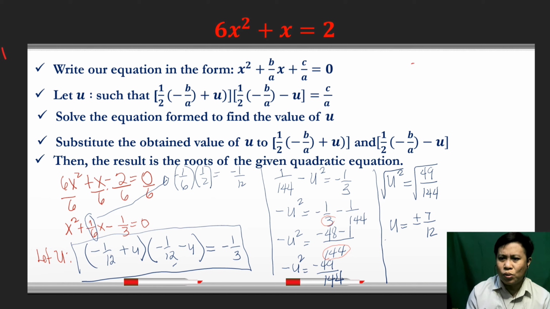So this value of u will be used to find the value of x. Therefore, the values of x, or the roots, or the solution set, is this one.